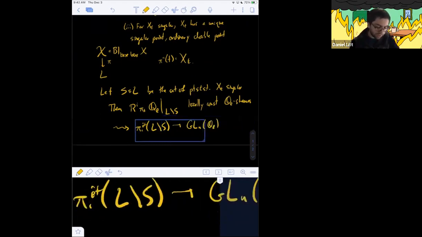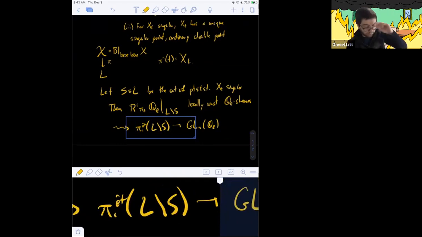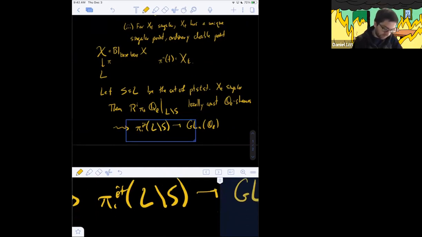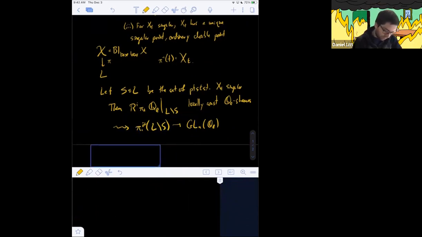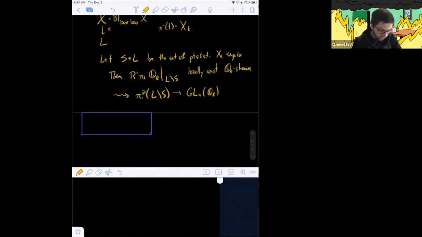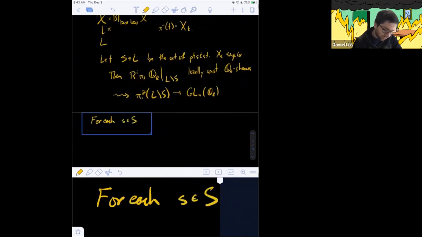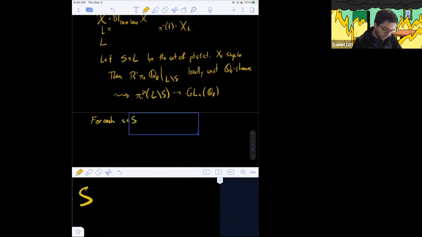And then the observation was this group pi_1 of L minus S contains some kind of special subgroups, which are well defined up to conjugacy. Those were called the inertia subgroups. So let me answer Ben's question now. For each s in S, you get an inclusion. You can take the complete local ring of P^1, so L is a copy of P^1, at s, and take its fraction field, right?